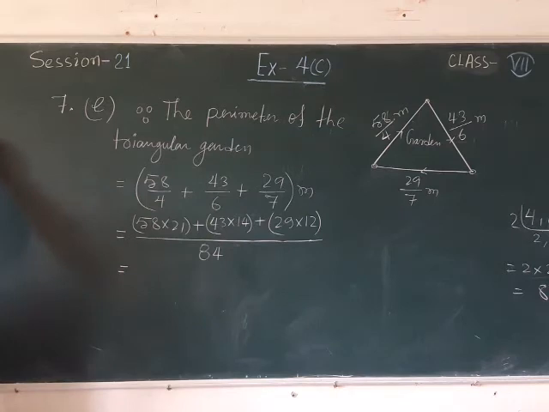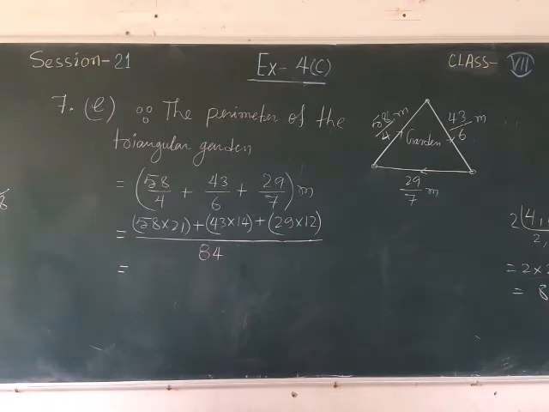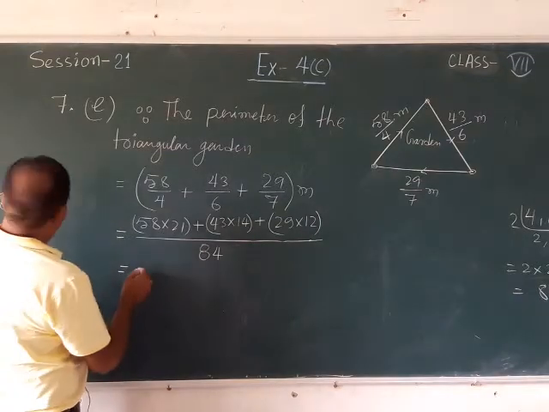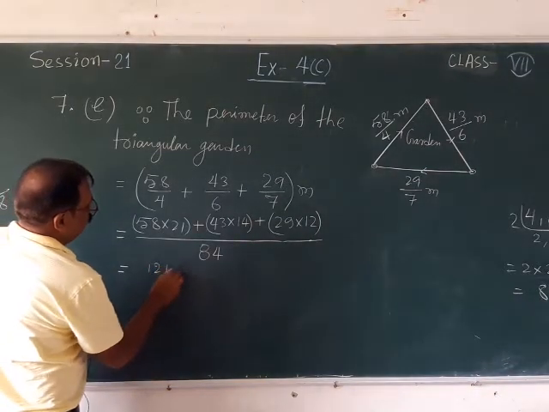First of all, 58 into 21. That will be 1218.